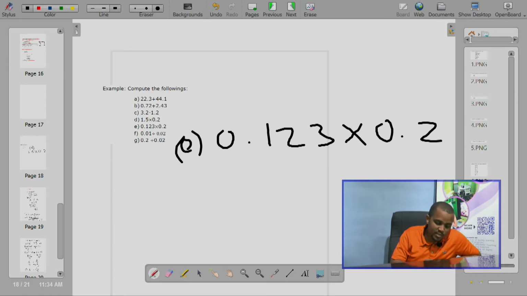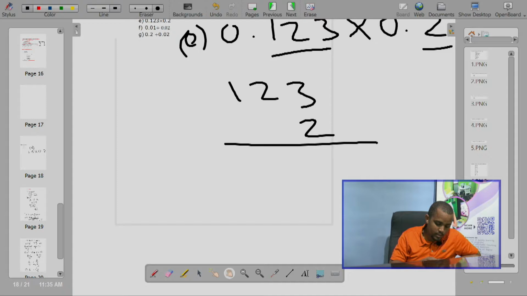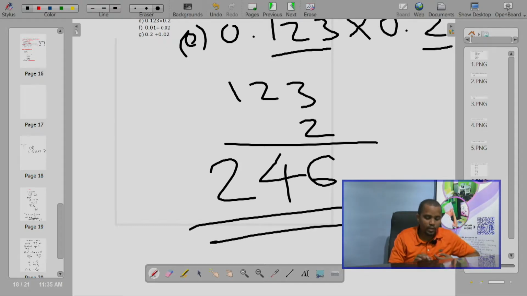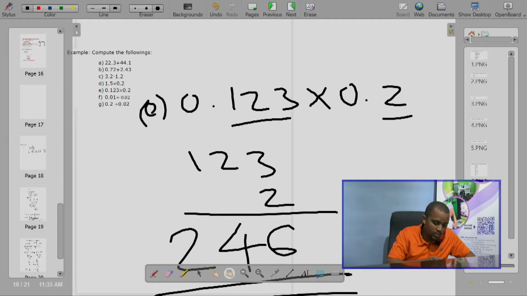First let's multiply these numbers, 123 by 2. If we multiply, 3 times 2 equals 6, 2 times 2 equals 4, 2 times 1 equals 2. So we got 246.